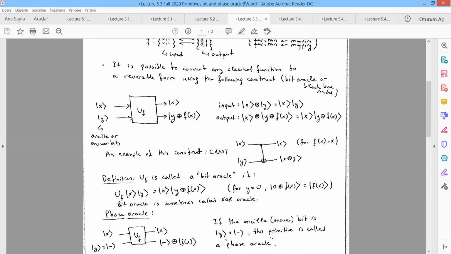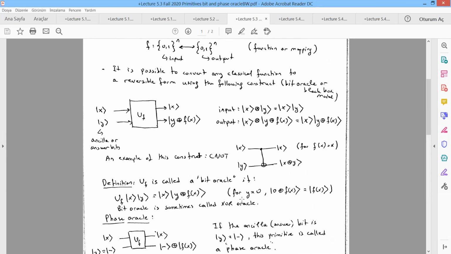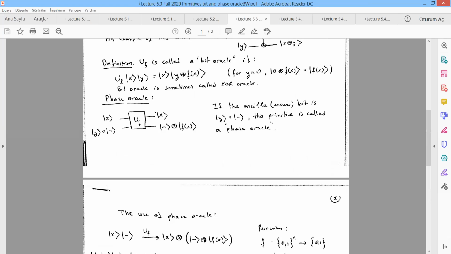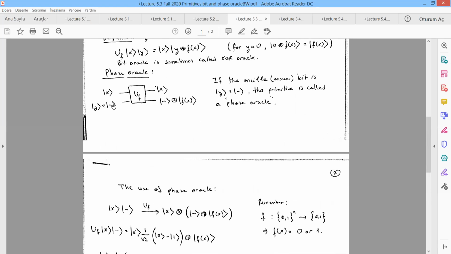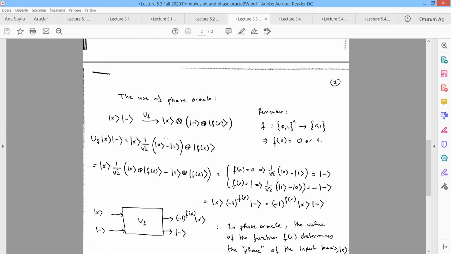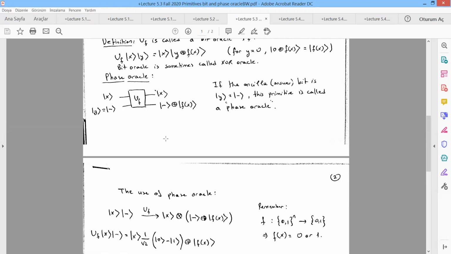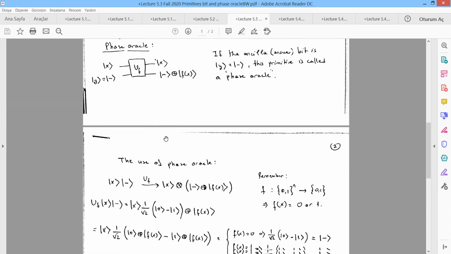Using a bit oracle, you can construct any classical f of x function in the form of an invertible or reversible unitary U_f. And in this kind of construct, when the ancilla bit is the |−⟩ state, then you can do other tricks to build quantum algorithms. To understand how it works, let's compute the output when the input ancilla bit is |−⟩.